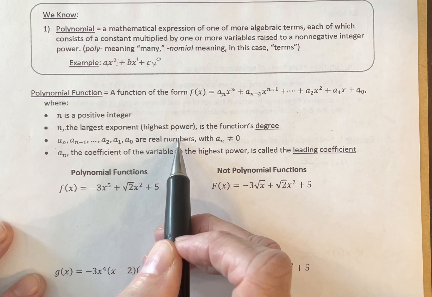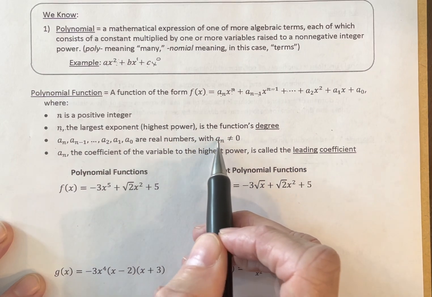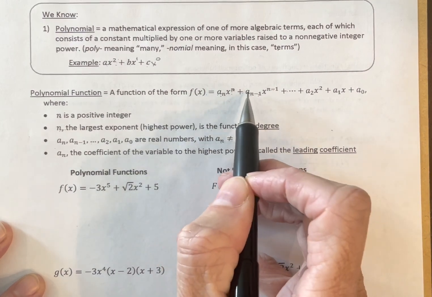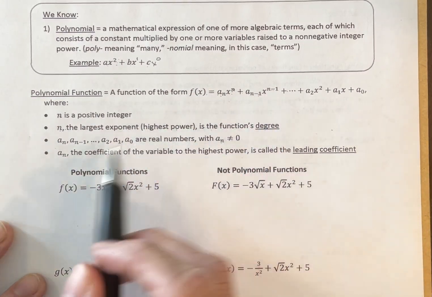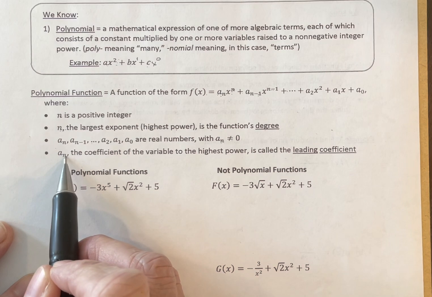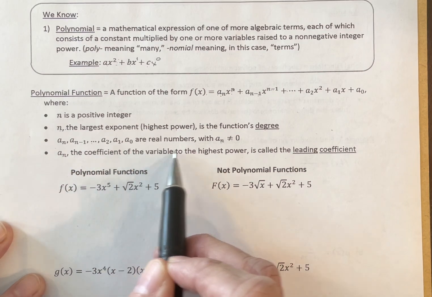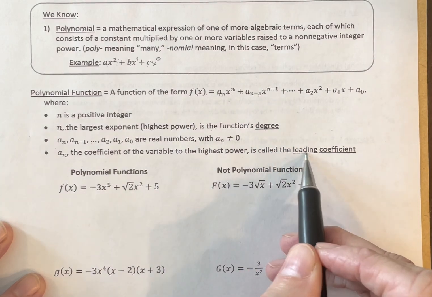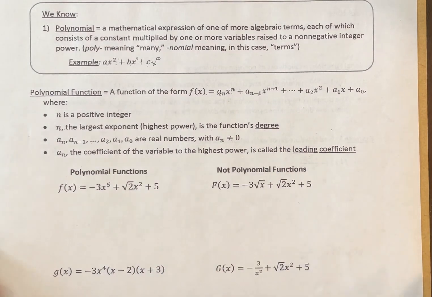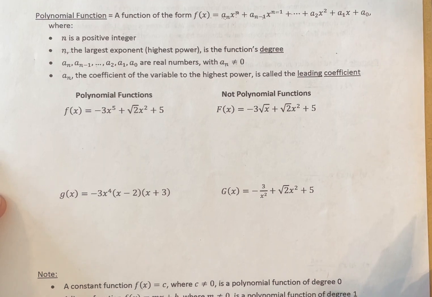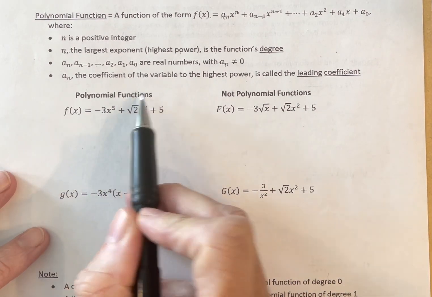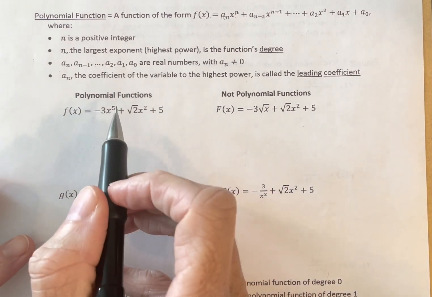They are real numbers, and a sub n cannot be 0. And finally, a sub n, which is the coefficient of the variable to the highest power, is called the leading coefficient.